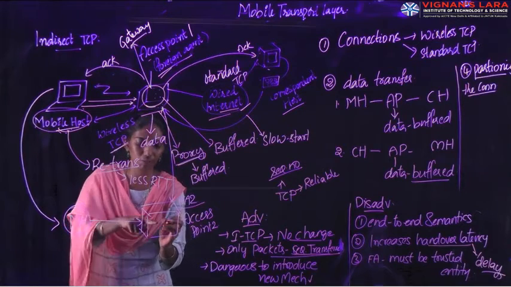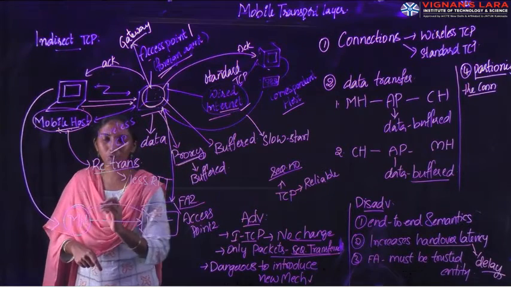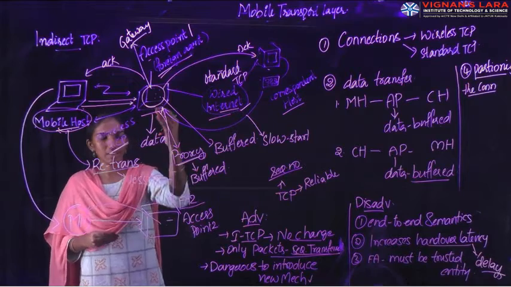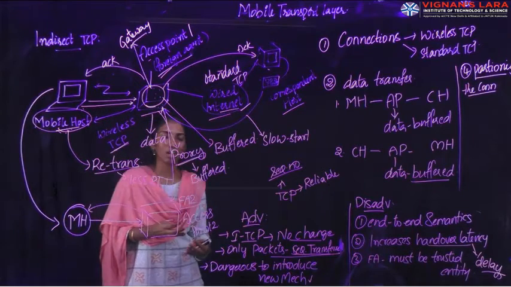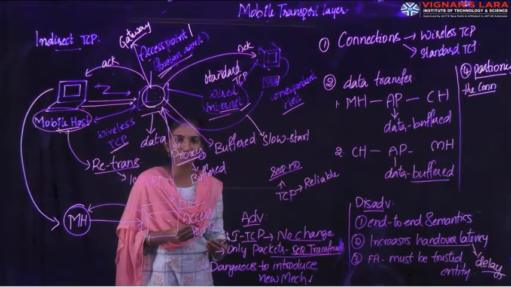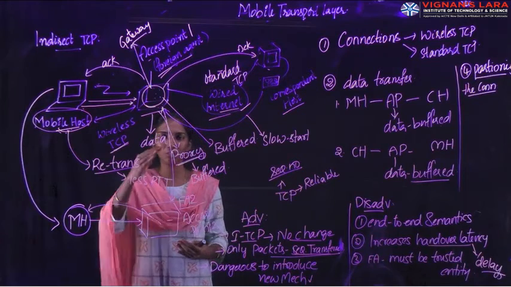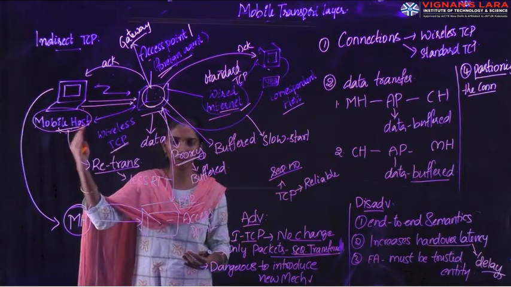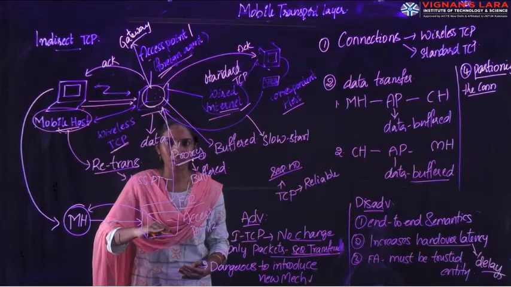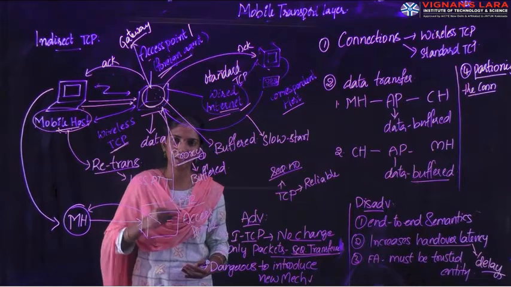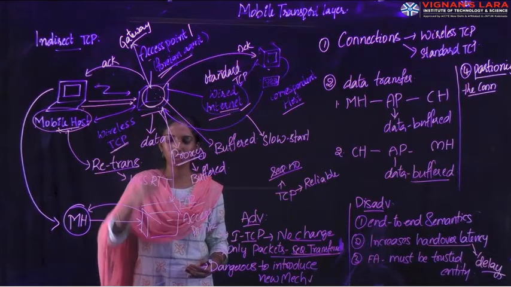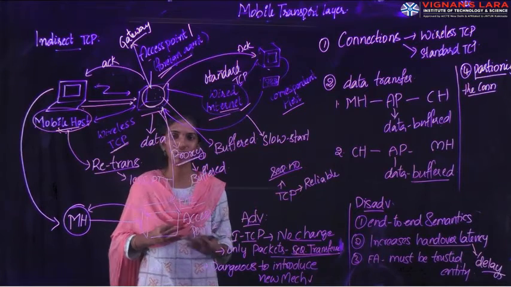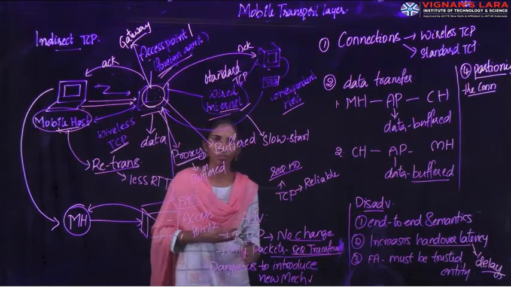Then only from FA2 will it be transferred to the mobile host. At the same time, it needs to transfer the connection, and also transfer the untransferred data of the mobile host to the foreign agent. That means connection and data both need to get transferred to the foreign agent. It increases the delay in the network. So that is one of the disadvantages.